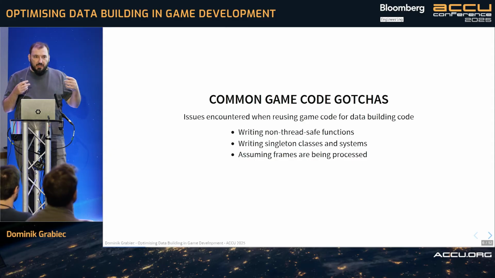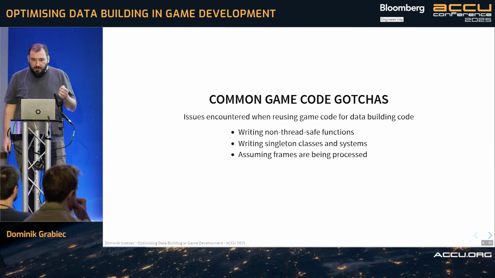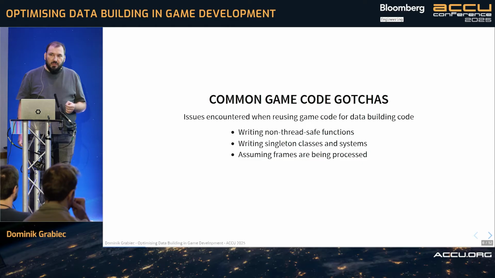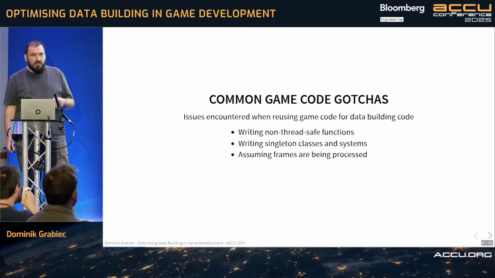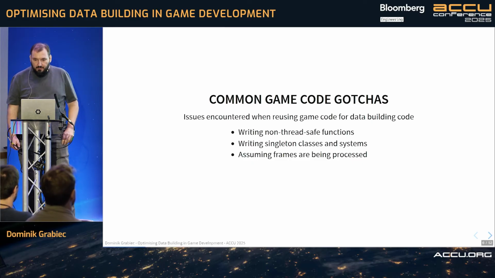So you can allocate in these things, and they get swapped out every 2-3 frames when they're no longer needed, for these bigger temporary allocations. When you do this in data building, though, no frames are actually being processed, or they shouldn't be. So you end up filling the buffer and crashing. Luckily, it's an easy situation to detect, because you'll get a crash pretty quickly. And then you can just tweak something, relax something, and fix that.